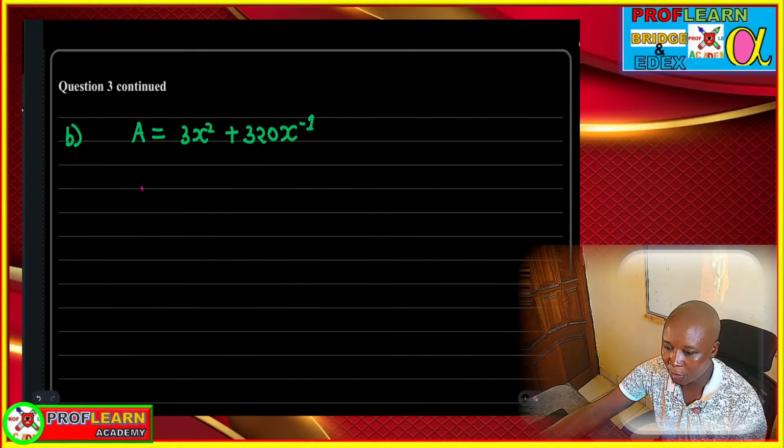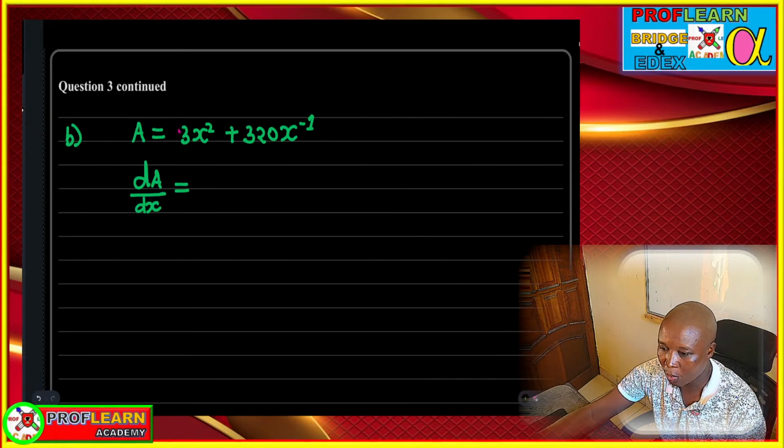Then we can do dA/dx, and that's going to be 6x, as the 2 comes down and we decrease the power by 1, and this becomes negative 320x to the power negative 2.